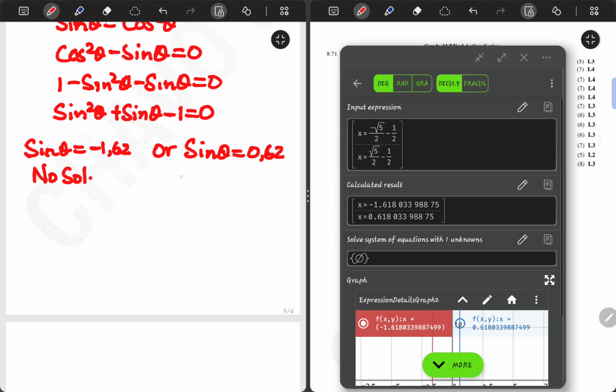But for this second one, the ref angle here will be what? 0.62.